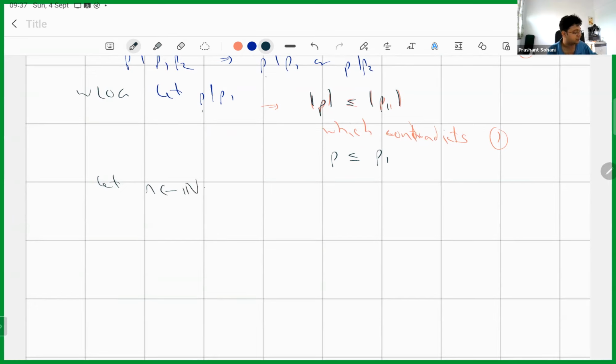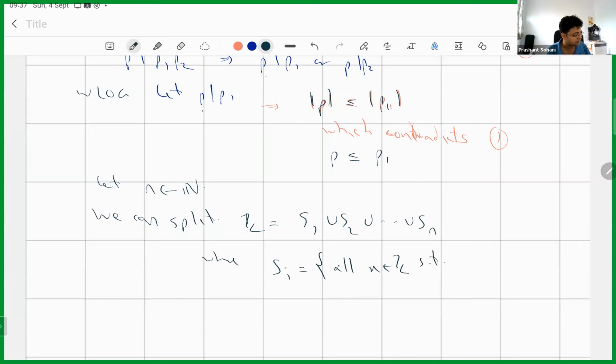Then we can split the set of integers as a set of disjoint partitions, set 1 union set 2 union set n, where Si is the set of all integers x such that x is congruent to i.